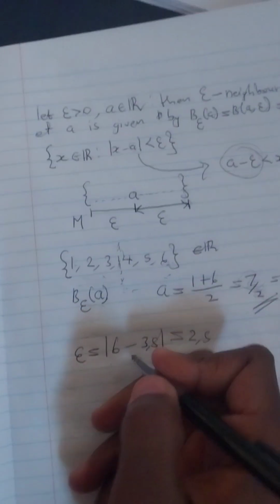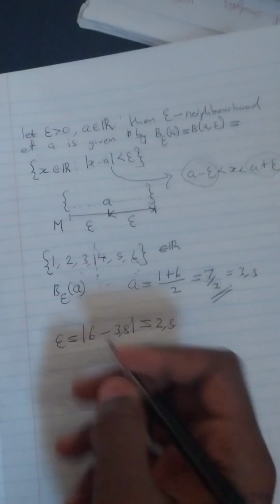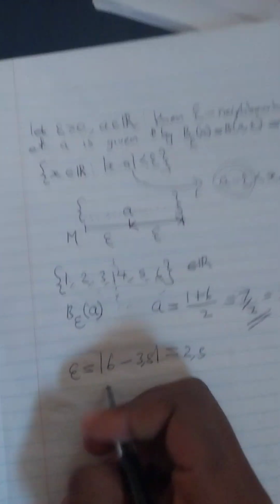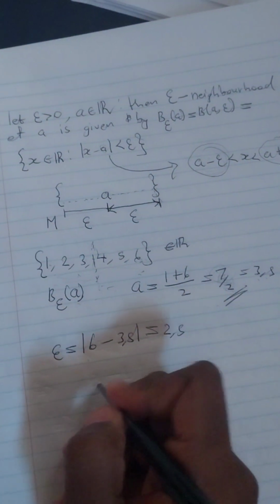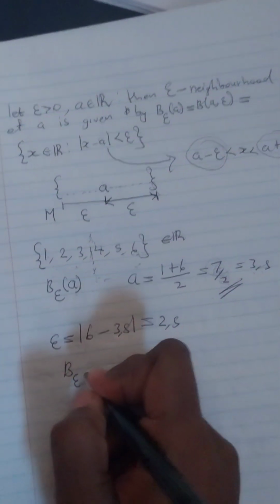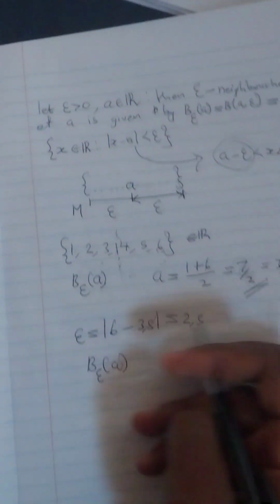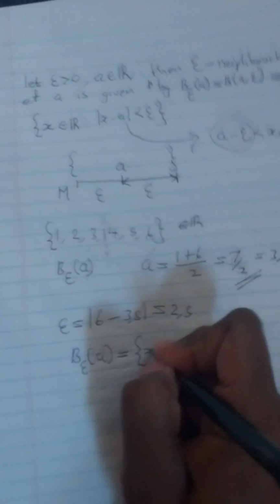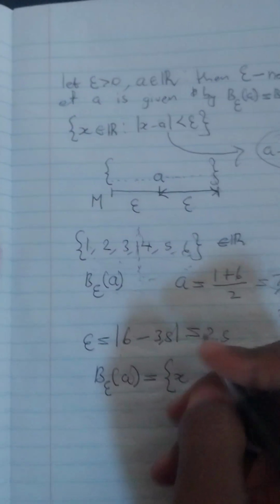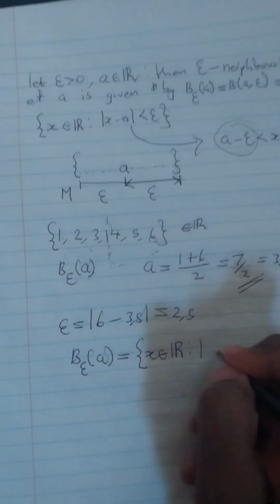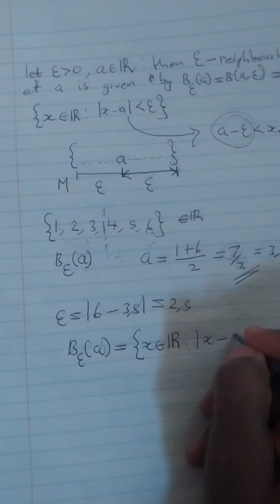I hope this makes sense. So if I want to present this as the neighborhood of A, I'll just say we have the epsilon neighborhood of A. This is how we present the neighborhood. We'll consider those elements as the elements x belonging to the real numbers such that |x minus a| is less than epsilon.